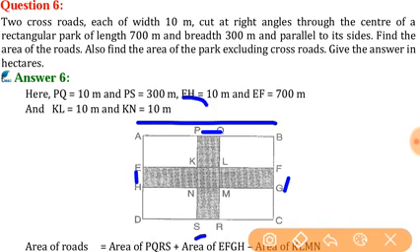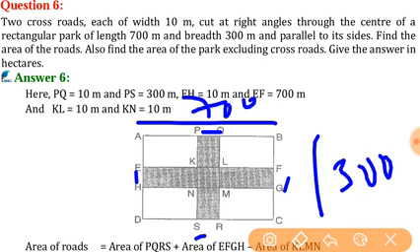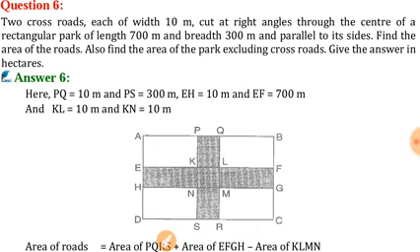So this is 700, this is 300, and in this 300, the 10 is subtracted. They are parallel to its sides. Find the area of the roads. Also find the area of the park excluding the crossroads. Give the answer in hectares.